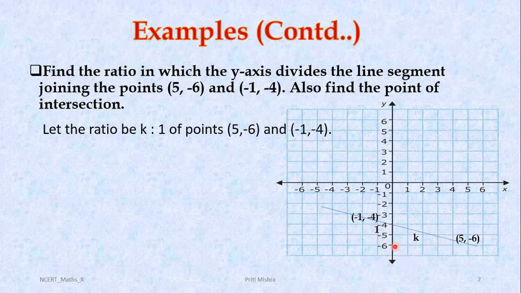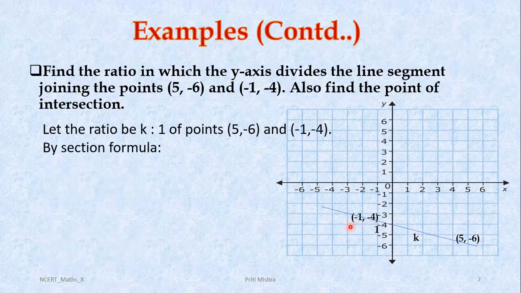Why are we taking this ratio from this point? As in the question they are saying, find the ratio in which the y-axis divides the line segment joining the points (5, -6), means they are asking the ratio from this point to this point. That's why we write it like k is to 1, so it will be k is to 1 in this direction, right?